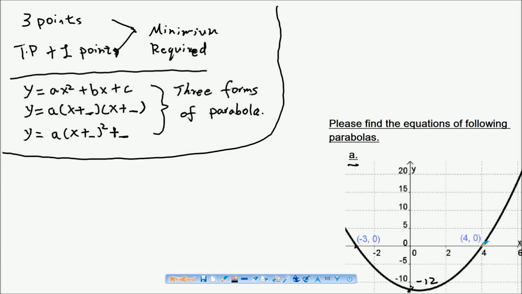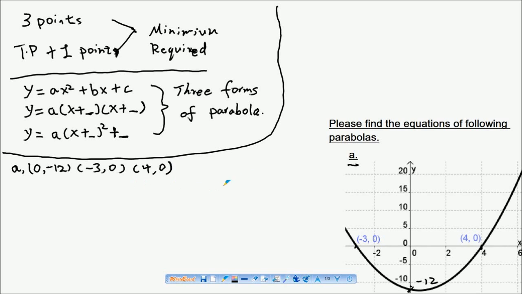The graph shows the x-intercepts and the y-intercept, which is -12. So in question A, we have 3 individual points: the coordinate (0, -12), the coordinate (-3, 0), and the coordinate (4, 0).